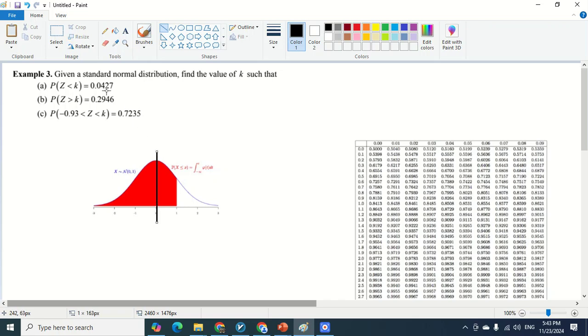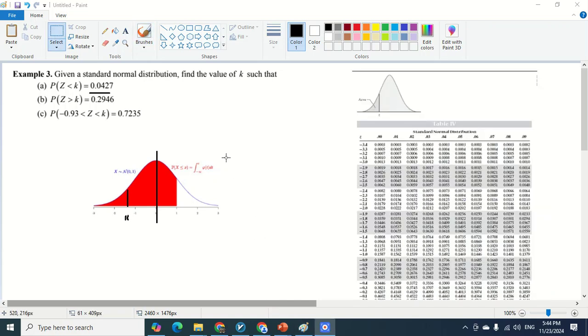And when the probability is equal to 0.0427, it means that the point should lie on the left side of the distribution, so k should be some point over here. To calculate the probability and find k, you should select the points from the negative table. So let us take a look at the negative table.